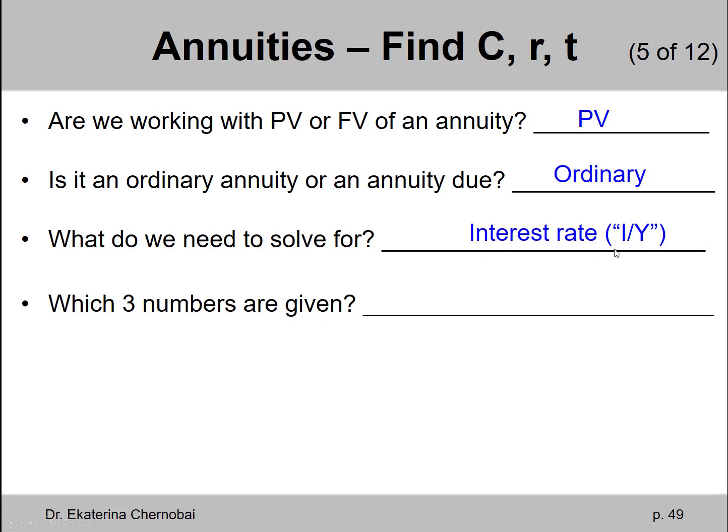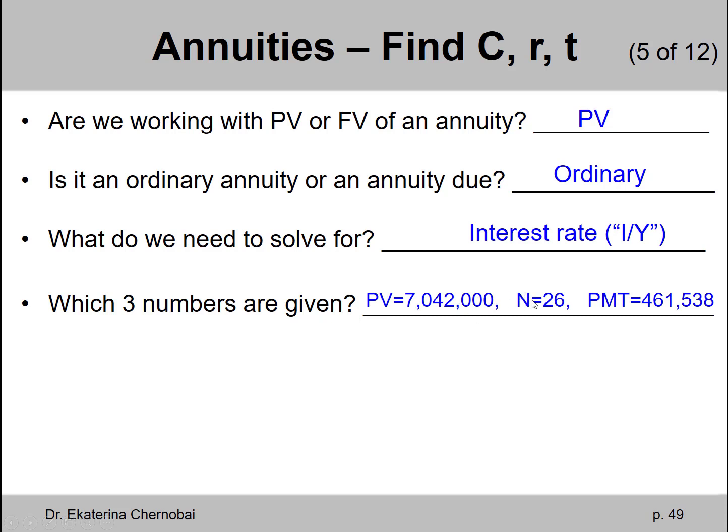And once you figured out what you need to solve for, then the last question I would recommend you answer to yourself is, okay, which numbers do I need to input in the calculator? So we already know that we are given the present value of an annuity. That's one: $7,042,000.